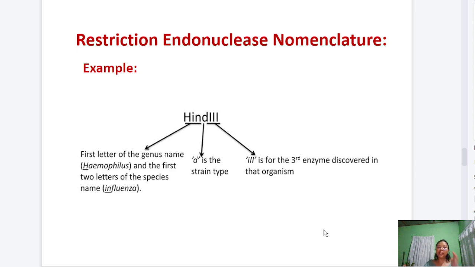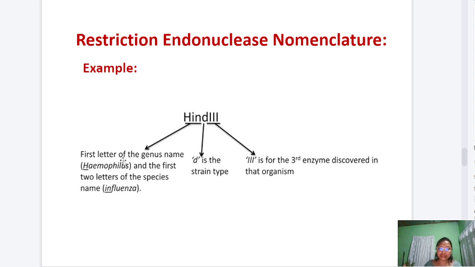Now, how are we going to name these restriction enzymes or restriction endonucleases? We have been saying EcoRI, EcoRV, SmaI, SmaV, and so many enzymes. But how basically are we going to name these restriction enzymes? Here let us take the example of HindIII.